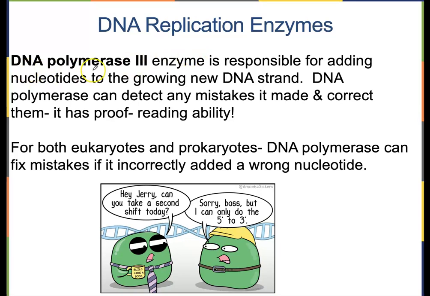The most important enzyme is going to be DNA polymerase 3. There are other DNA polymerases, there's 1 and 2, but I'm not going to have you guys know them. It's just going to be DNA polymerase 3 for us. And it's responsible for adding those nucleotides to the growing new DNA strand. So in essence, if we had an A on one side, if we had like A, C, G, C, something like that, this enzyme can detect the A, and then you would just have to believe that there's all kinds of building blocks floating around.